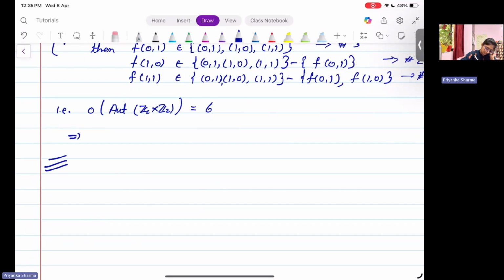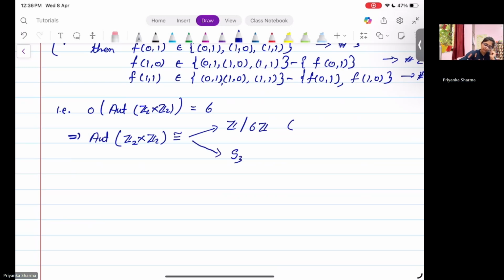This implies that the automorphism group of Z2 cross Z2 can be, up to isomorphism, either Z mod 6Z or S3. Z mod 6Z is abelian cyclic, and S3 is non-abelian non-cyclic.